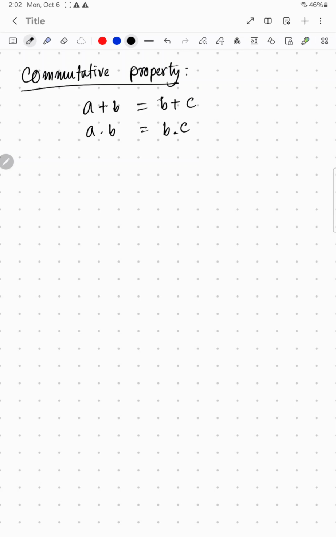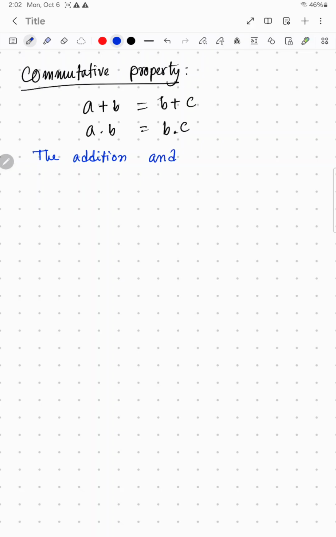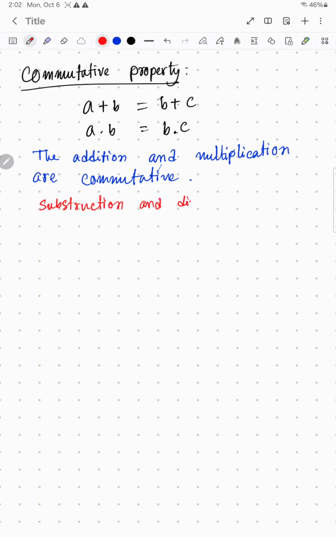You say the addition and multiplication are commutative. Okay. Subtraction and division are not commutative.